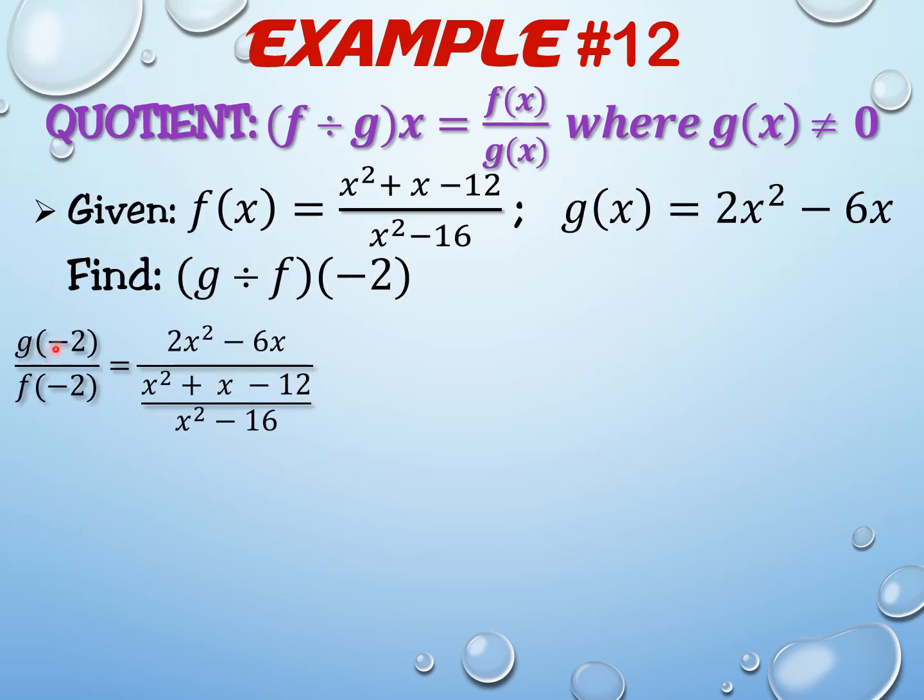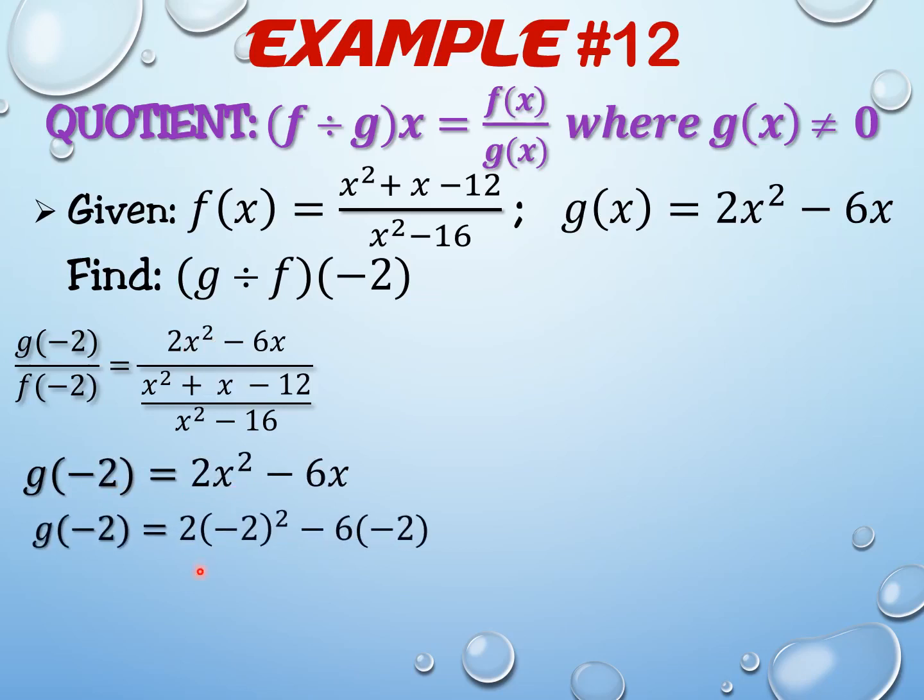For g of x, you have the function 2x squared minus 6x. And for f of x, we have x squared plus x minus 12 divided by x squared minus 16. Since this is -2, we're going to evaluate each function at -2. So let's do g of -2 first. Substitute -2 for all the x's.